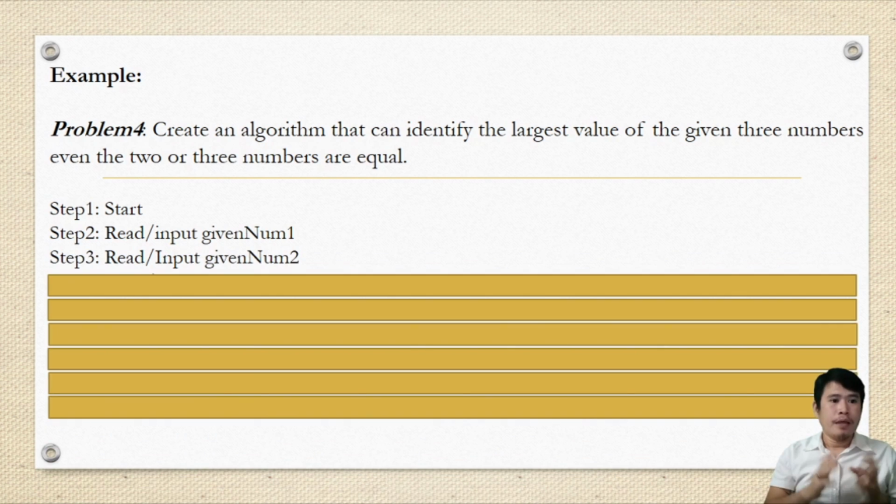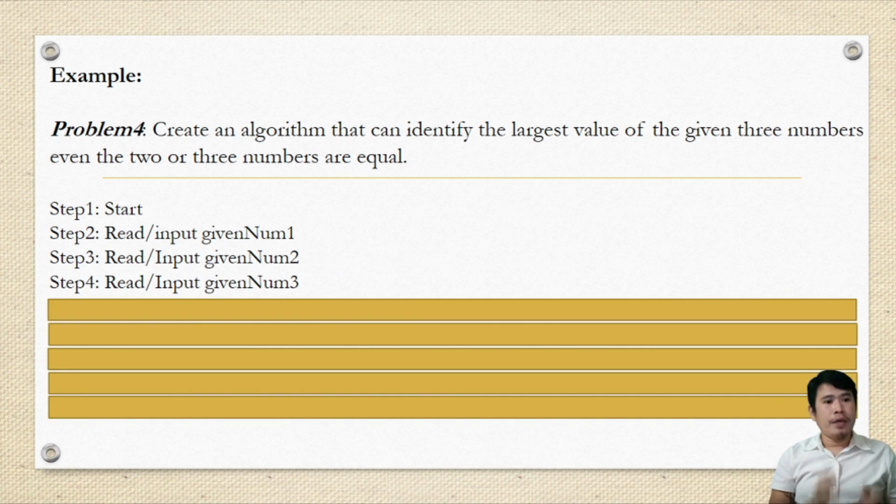Step 3, read or input given num2. Step 4, input or read given num3. So after all variables or numbers are inputted, we have to compare these three.